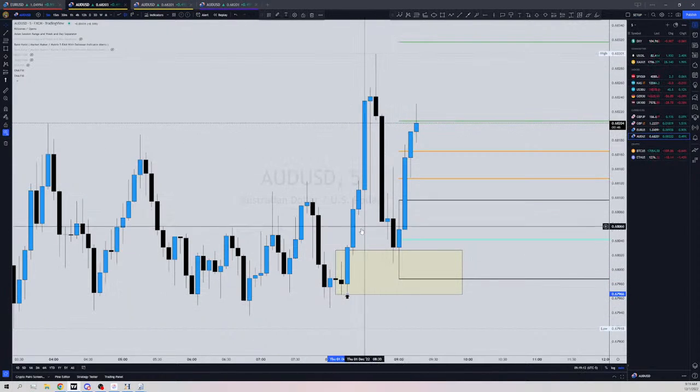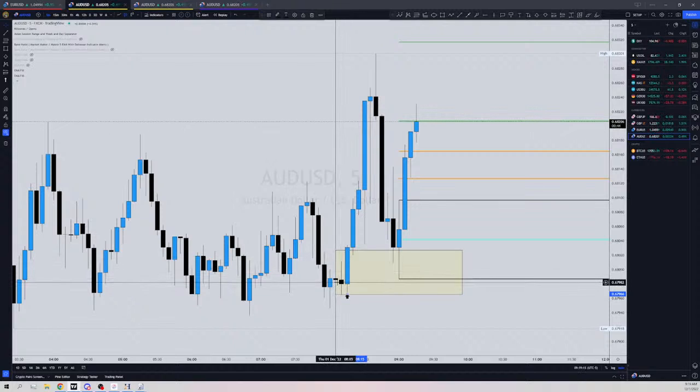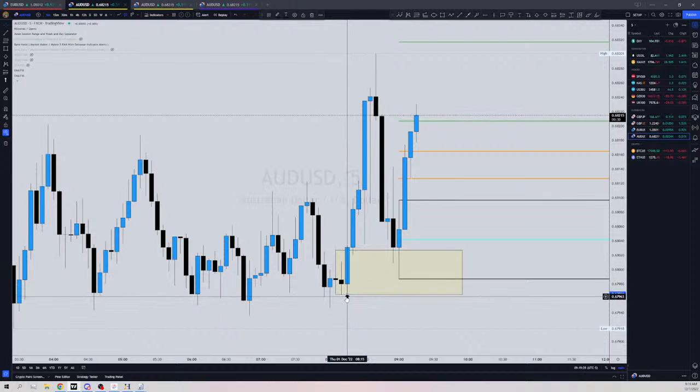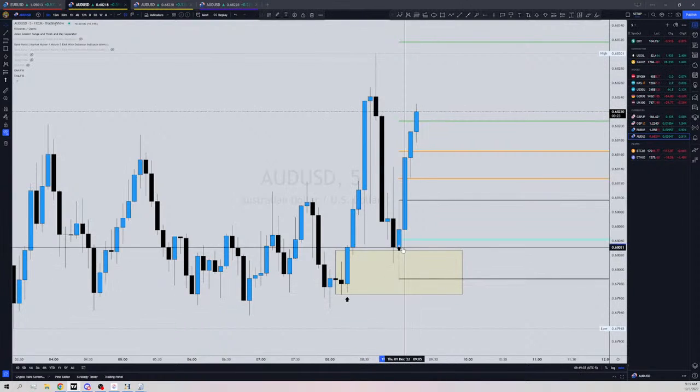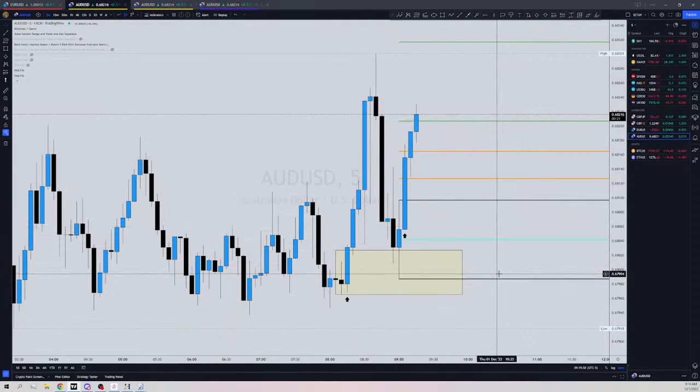We got our first engulfing, followed by a breaking, rejecting candle.